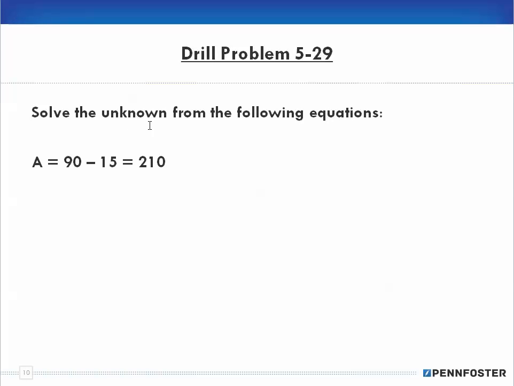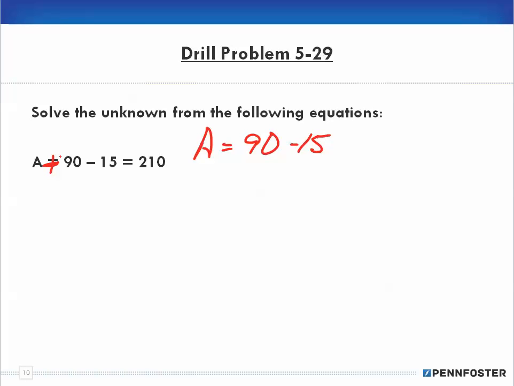Okay, let's see what we've got going here. All right, A is equal to 90 minus 15. Oh, not equal. Let me correct that. This here should be a plus sign.